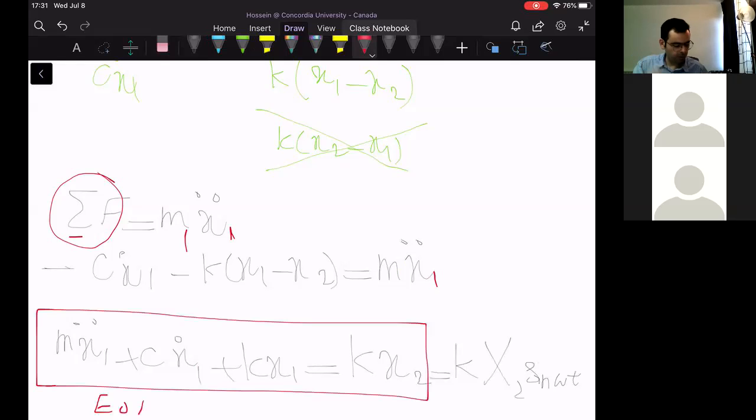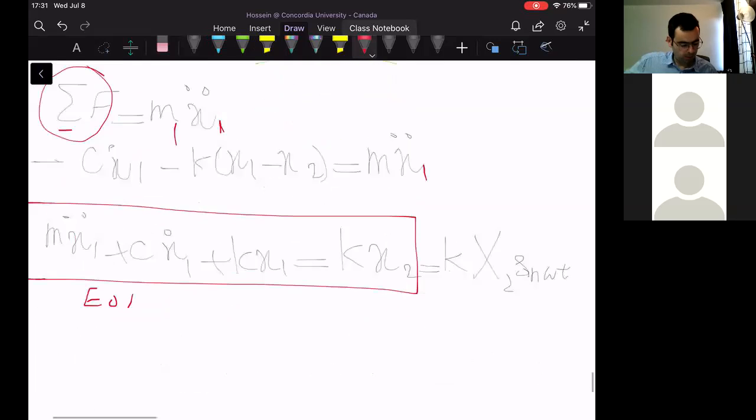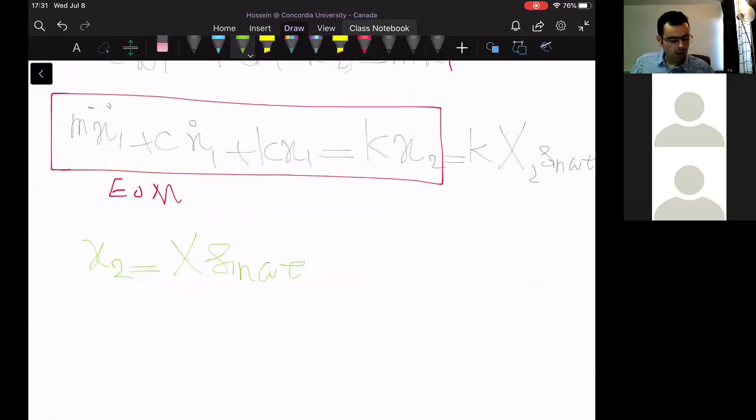So we are asked to solve the equation of motion. From the right-hand side, x2 is given as x sine omega t. However, for the sake of simplicity, by taking advantage of complex algebra, there is a simpler way of solving this equation. Rather than using x sine of omega t, you could use a general format for harmonic oscillation.